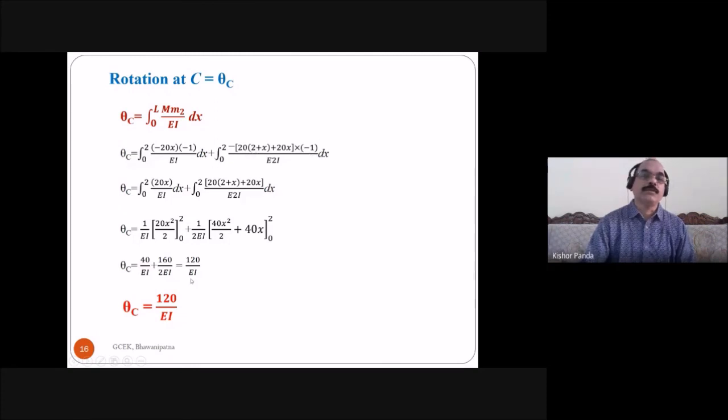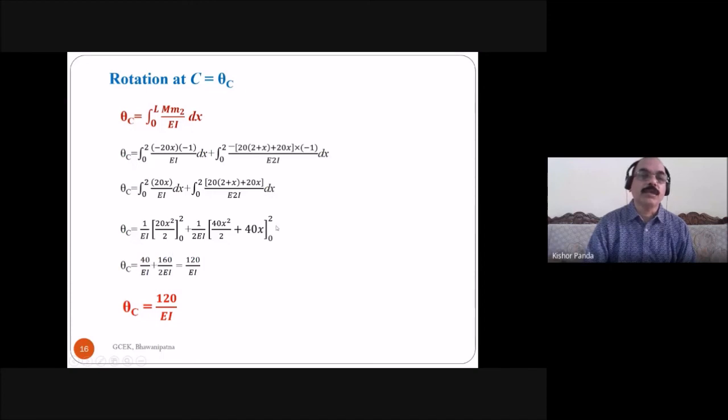Then after putting this value and taking the integration of this expression, theta C is equal to 1 by EI, 20 x square by 2 from 0 to 2 limit, plus 1 by 2EI, 40 x square by 2 plus 40x from 0 to 2 limit.